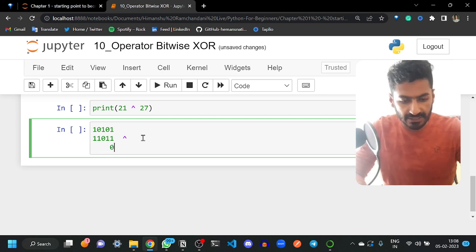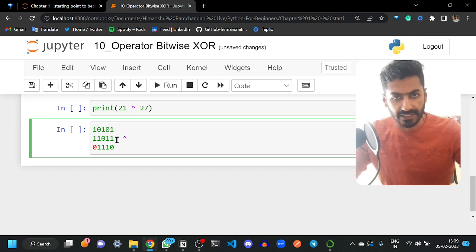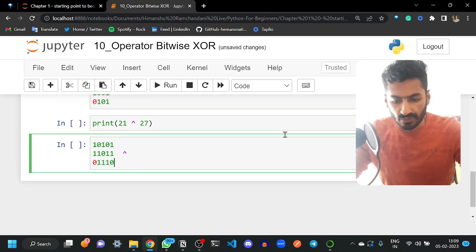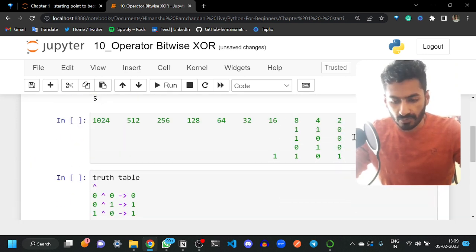Okay, let's calculate the XOR. Similar charges are 0. Opposite charges are 1. Again opposite charge, 1. Again opposite charge, 1. Similar charge, 0. So 1110. What will be the output of 1110? You can solve this like we add values in mathematics.